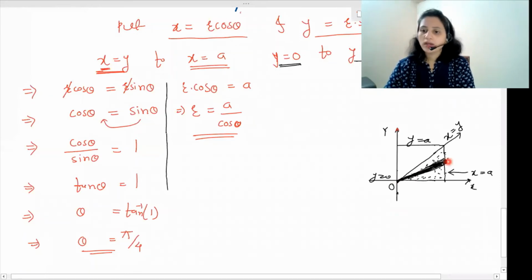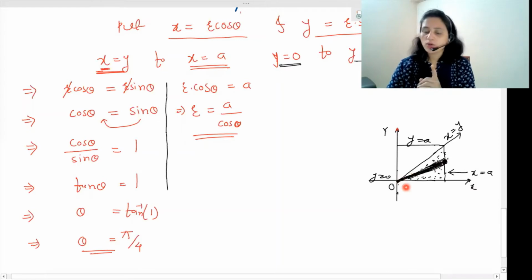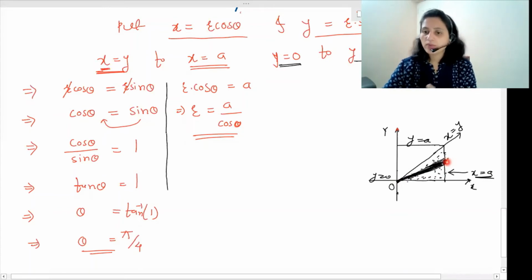Now, as you can see here, the strip goes from the origin to this point. The origin is 0. So this strip goes from 0 to this point. That means by using the equation of this line, x equal to a, we get the value of r here: r equal to a by cos theta.